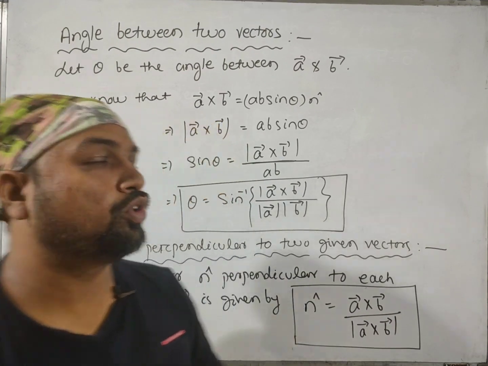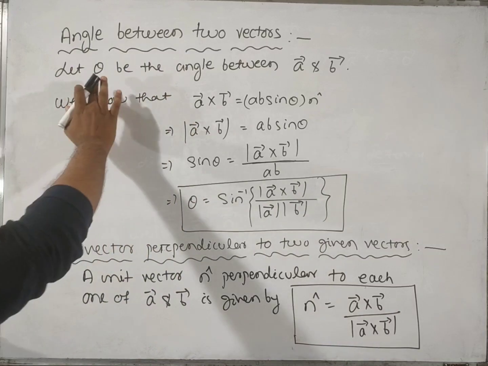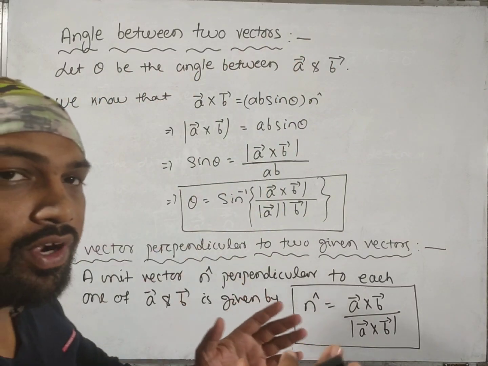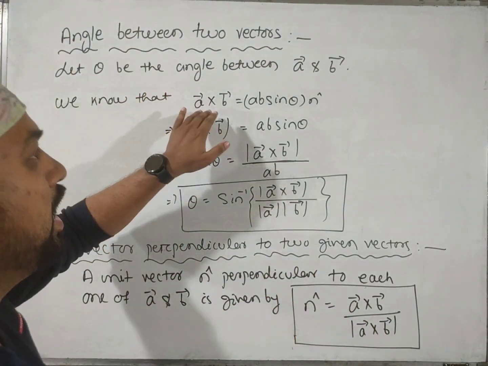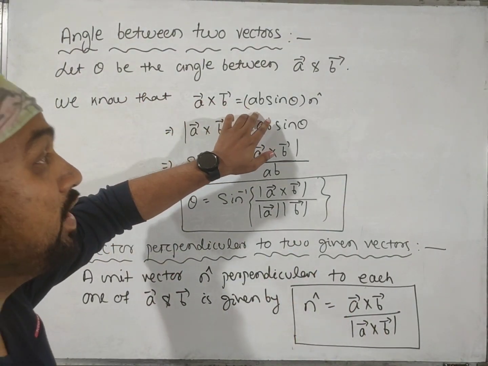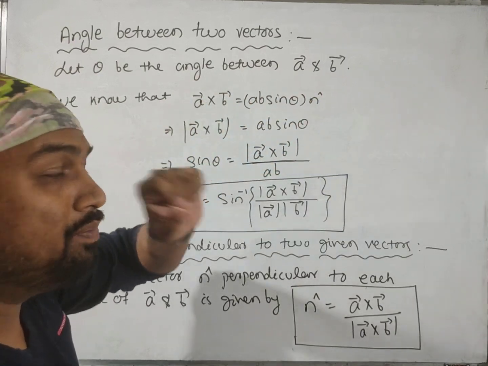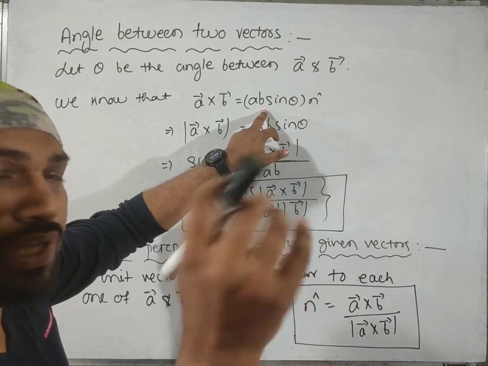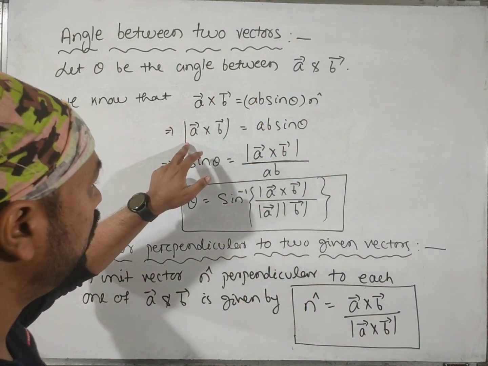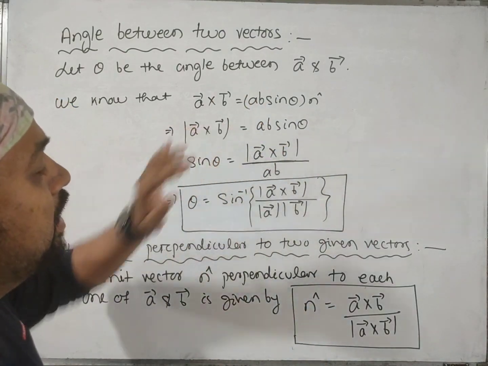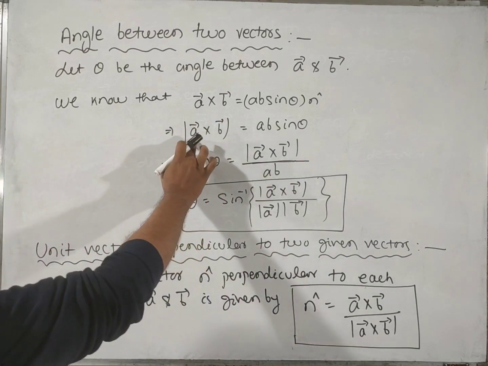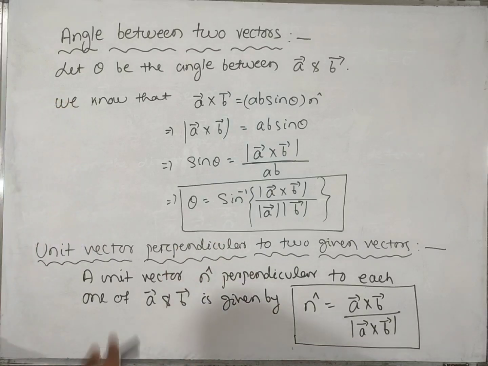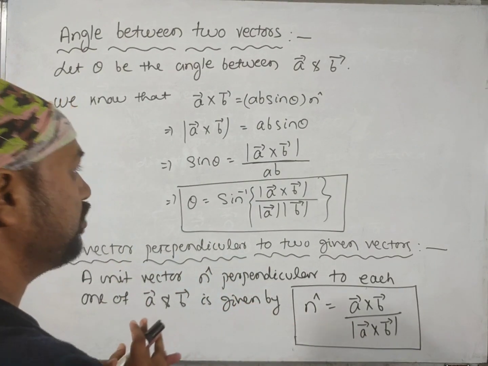Now let us discuss the angle between two vectors. Let theta be the angle between a vector and b vector. From the vector product or cross product, we know that a vector cross b vector is defined as ab sin theta n cap. In place of magnitude of a vector, we have written a, and in place of magnitude of b vector, we write b. So the magnitude of a vector cross b vector is equal to ab sin theta, because the magnitude of n cap is always 1, as it is a unit vector.